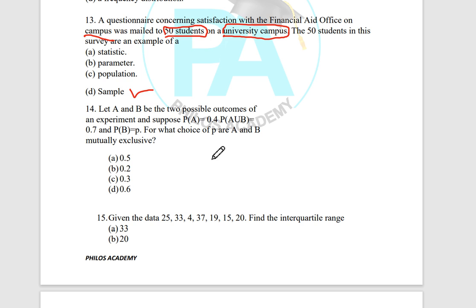If you remember, when I was giving you the two formulas, I told you that when events are mutually exclusive, you're only going to use the formula: probability of A union B is equal to probability of A plus probability of B, without subtracting the intersection, since they are mutually exclusive. That's the formula you are going to use.